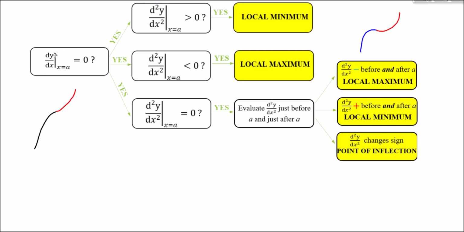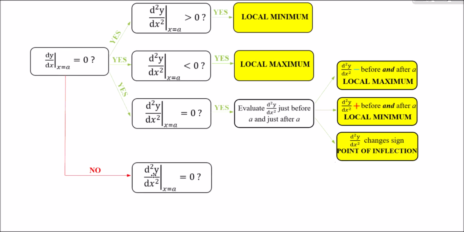I'm not the best artist, so I'm not the best at illustrating, but this will make more sense when we come to it. So, like I'm saying, if the gradient isn't 0 when x is a, we still might have a point of inflection. To test if it is or not, what we'd need to do is take the second derivative at a again, much in the same way as we'd take the second derivative if it were a stationary point.